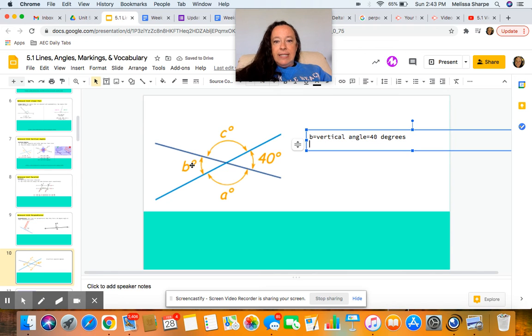And then we can find C and A. We know that A would equal C because those two are vertical angles. And we know that angle B and C are supplementary, but you can even go right here. 40 and C are supplementary, so they have to add to 180. So C would have to be 140 degrees, which would be the same as angle A.